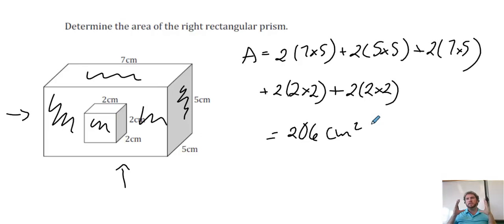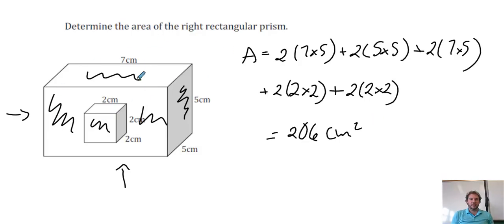So this strategy I like to call 6 faces. Instead of breaking my objects up into their simple composite objects, I break it up into the 6 directions that I can look at it from. I can look at it from top, bottom, left, right, front, back. And for each of those directions, I'm going to consider the two-dimensional picture that I'm seeing.